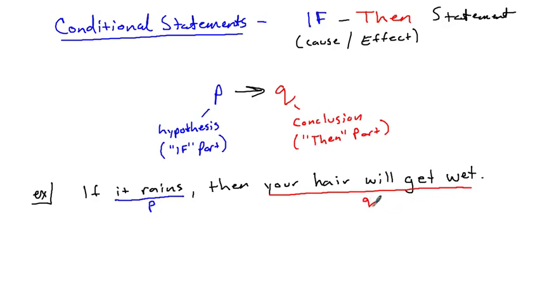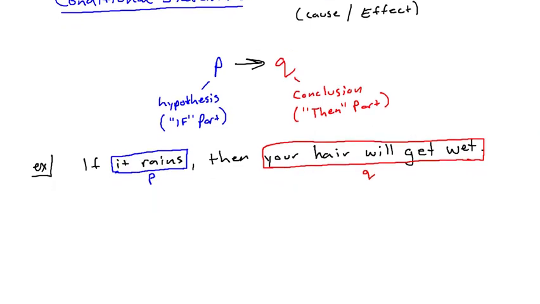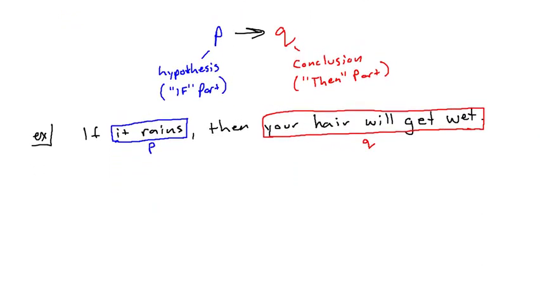And then what you need to do is train yourself to not care what the words say, to only think of these as these specific pieces. And notice I'm not worried about the if and the then. I'm only worried about the piece of the statement that follows it. And this is where attorneys and people that kind of argue and logic and reason for a living can be so successful, because they don't focus on the words so much as to whether or not you can logically prove it. And we'll give you some examples of that here in just a second.